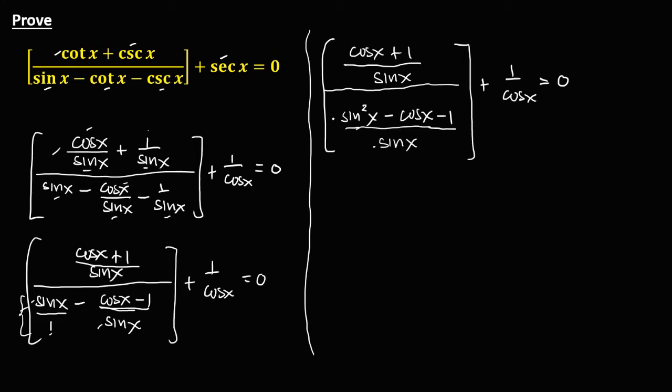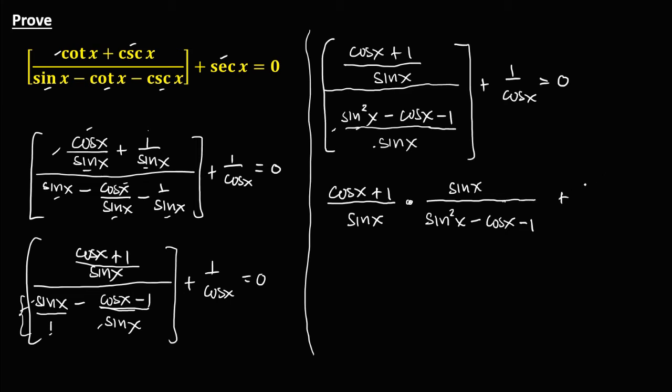Then take the reciprocal of this equation. So we have cosine x plus 1 over sine x, then times the reciprocal. So that's sine x, then over this sine squared x minus cosine x minus 1, then plus this 1 over cosine x equals 0.